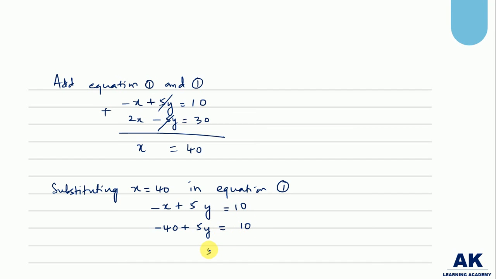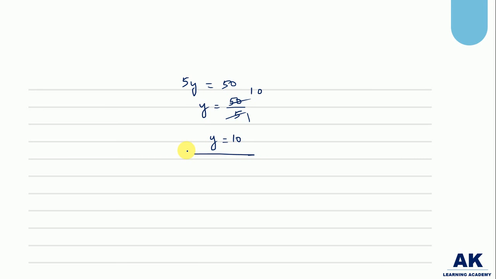Therefore 5y is equal to 10 plus 40, it is 50. Therefore y is equal to 50 upon 5, so y is equal to 10, right?